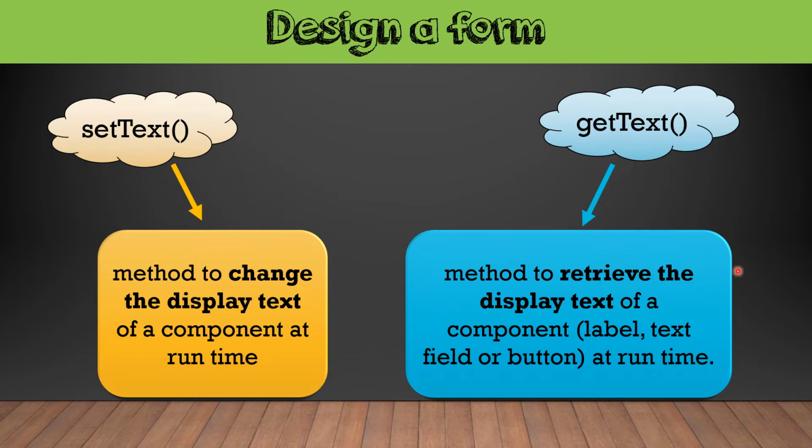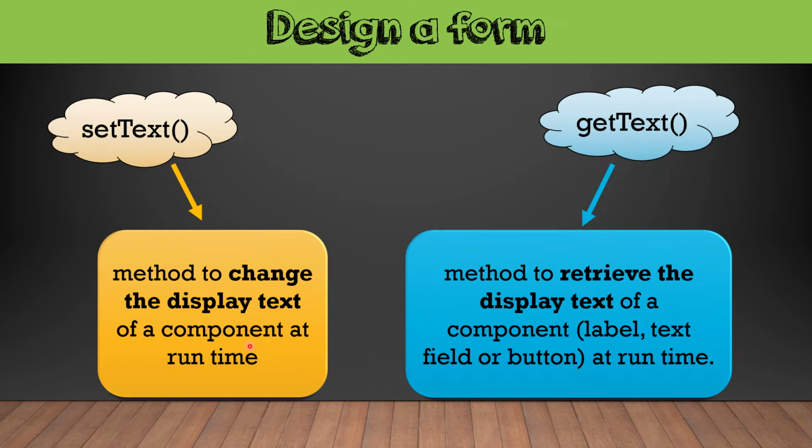Basically, here you can see in both of the methods, the only difference is that the setText method is used to change the display text, whereas the getText method is used to retrieve the display text. So this is the basic difference between these two methods, that in the setText method, we change the display text when the method is run or the program is run.